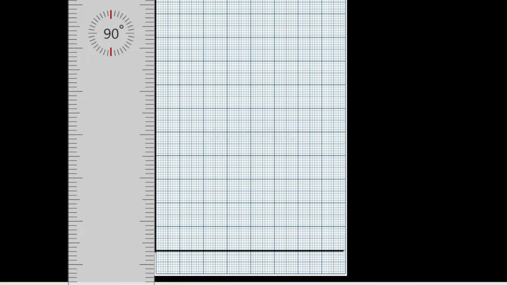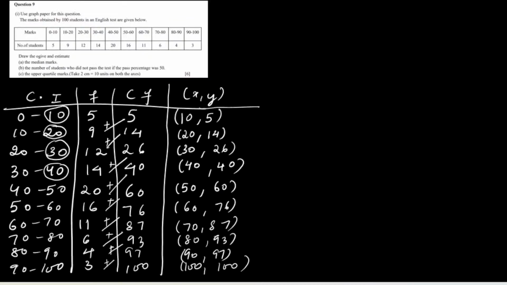So frequency along the y-axis, you can write it also. And the class intervals we have to write. The same class intervals, whatever is given to us, as it is, we will write.